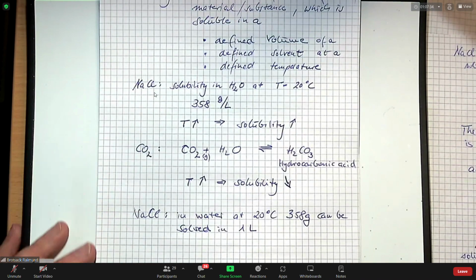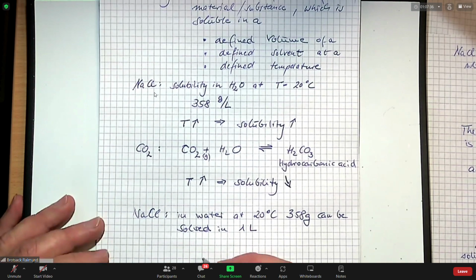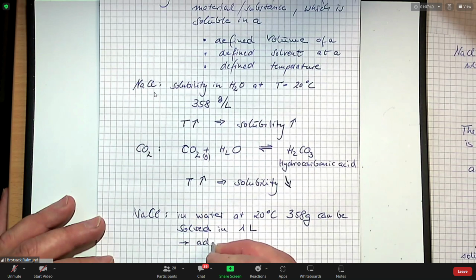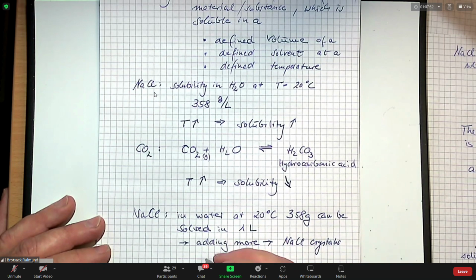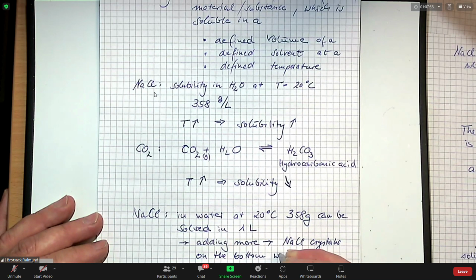So adding more means NaCl crystals on the bottom, which are not dissolved.